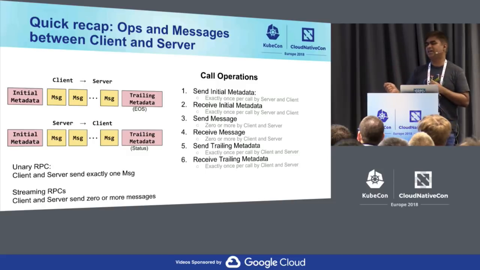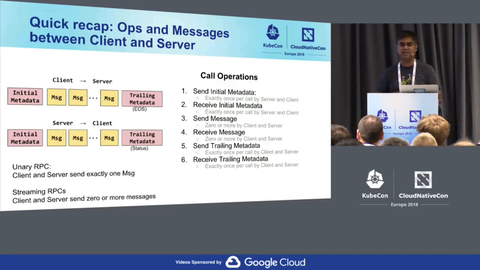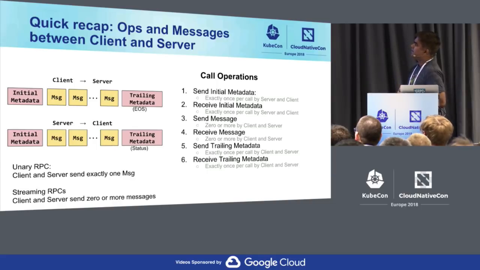In case of unary RPCs, there's exactly one message that's sent from the client, which is essentially the parameters. Initial metadata from client to server in all RPCs essentially contains stuff like the method name, encoding type, or any other custom metadata. We expose APIs for applications to send their own custom metadata. Trailing metadata from client to server is just end of stream indicator.